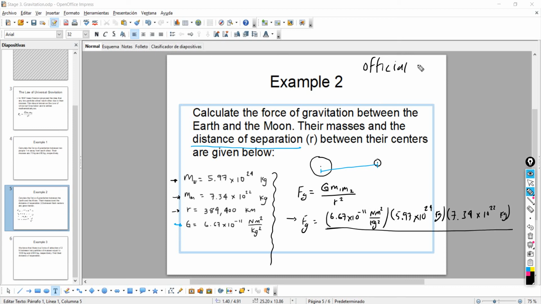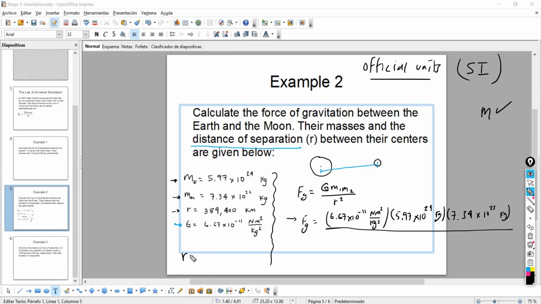What I mean by official is the units in the international system. The unit for length in the international system is not the kilometer, it's the meter. That is the official unit. So if you're given the distance of separation in kilometers, you need to transform this into meters before you substitute in the formula. Now, how many meters is this?